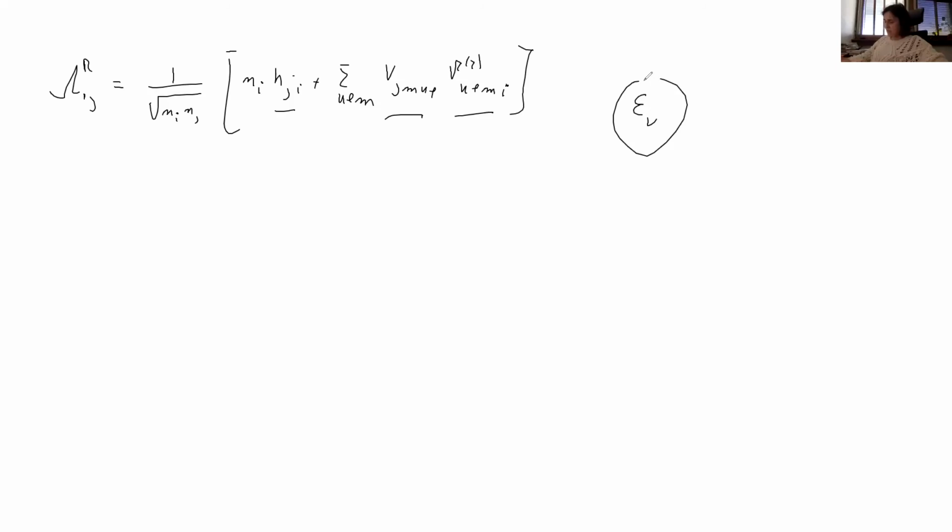So you can get your IPs. There are two sources of error in this, of course: the fact that the lambda itself is an approximation except for the first IP, and the fact that in practice we use an approximation for gamma 2. But you can get out these IPs.